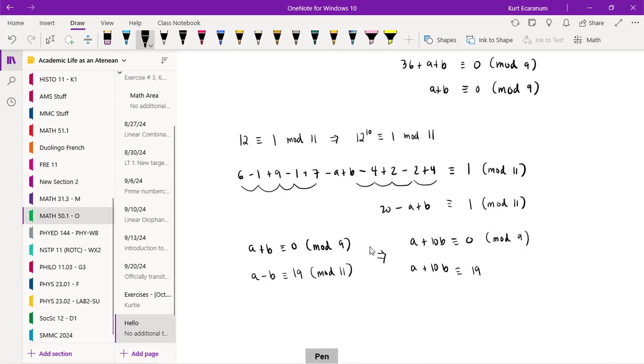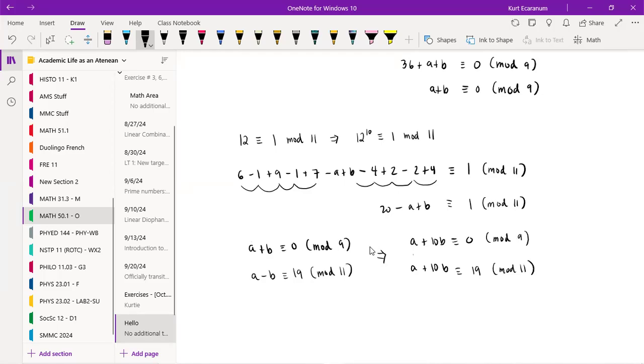So you can just think of A plus 10b as a single variable. Okay? So A plus 10b, 0, 19, parang ang game dito is you need to add something kay 19 para maging divisible siya kay 9. And we can do that if we add 44.